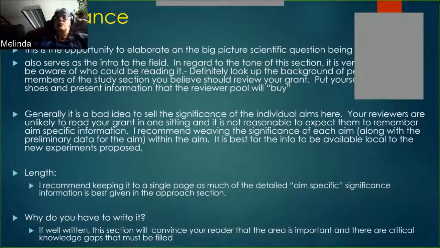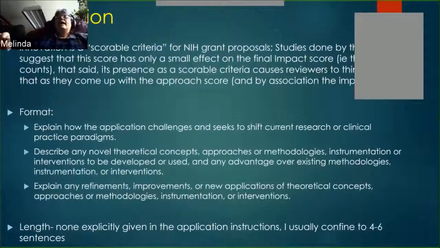Yep. That's cool. All right, so now there's also a section called innovation. Innovation is one of what they call the scorable criteria. I'll go through scoring in great detail in another class, but there are 5 criterion scores, where the reviewer is asked to say, on a scale of 1 to 9, is this a really good thing or a really bad thing?